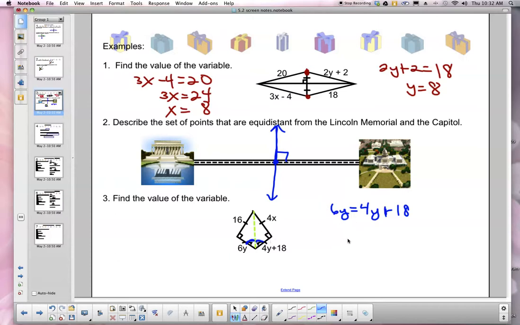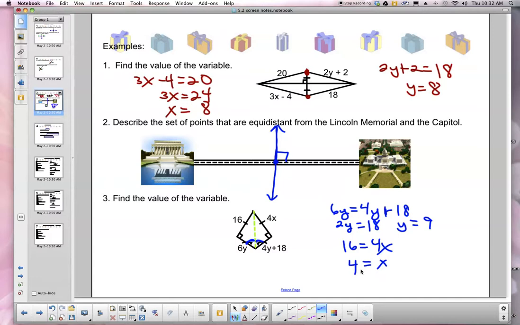So we would also know that 16 has to equal 4x. And then we would solve using our algebra, so we'd minus our 4y and get 2y equals 18. And then we would divide by 2, and y would have a value of 9. And then we would divide by 4 here, and x would have to have a value of 4.